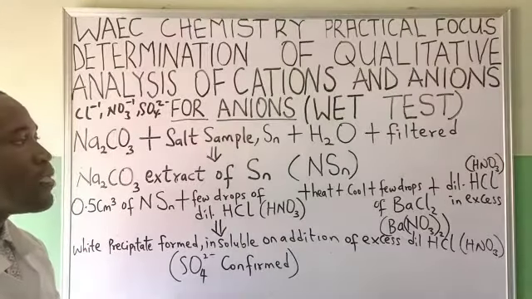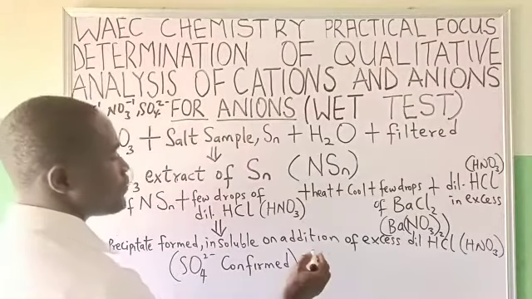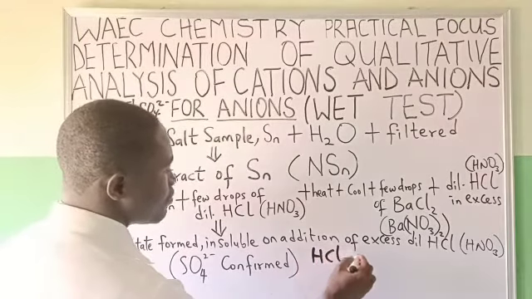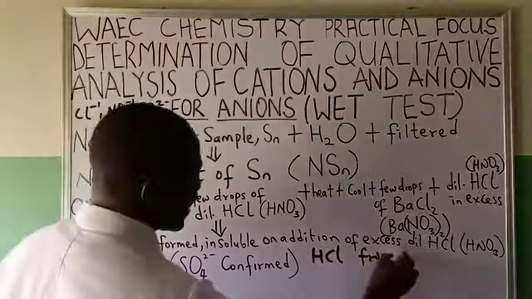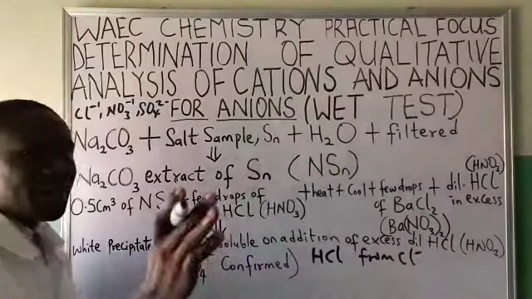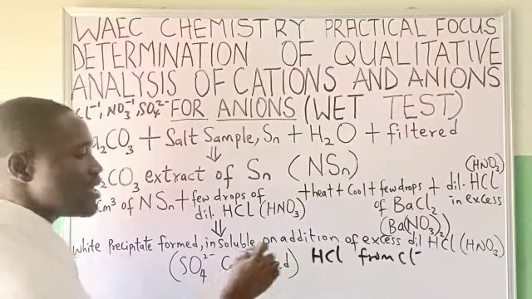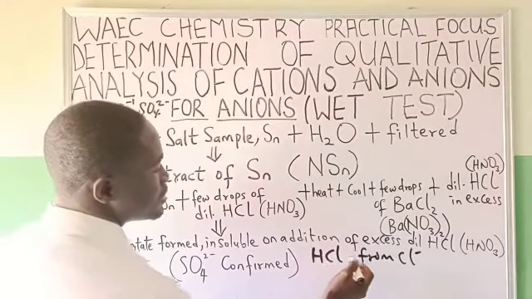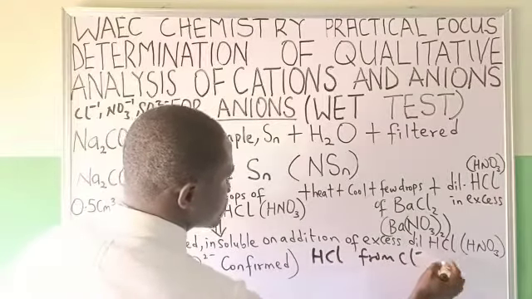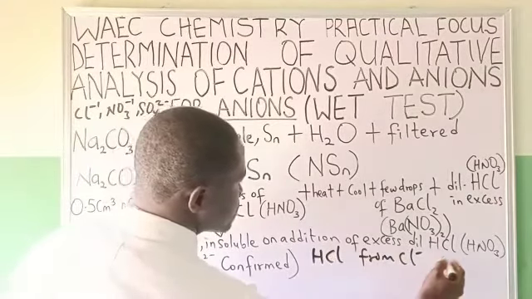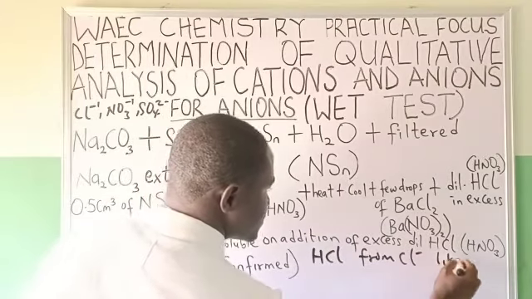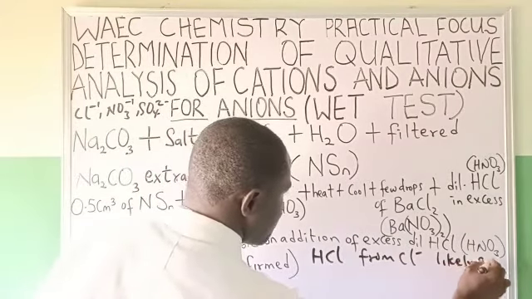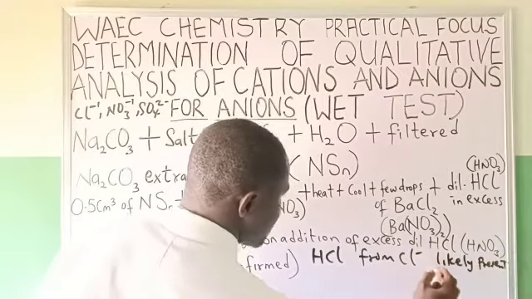So that means if I write HCl from chloride ion at my inference part, I will say this from this likely present or suspected.